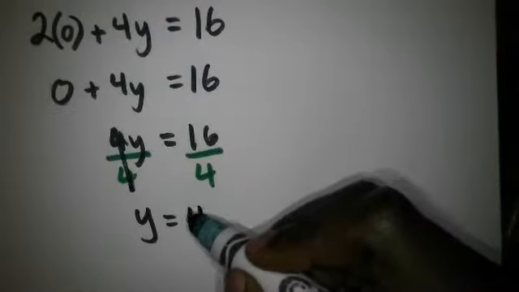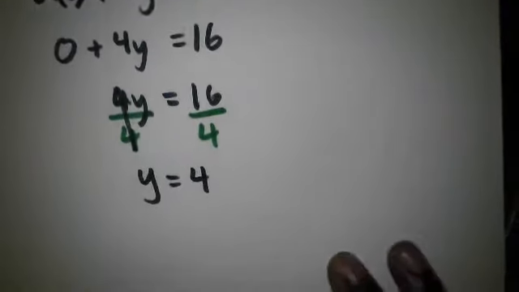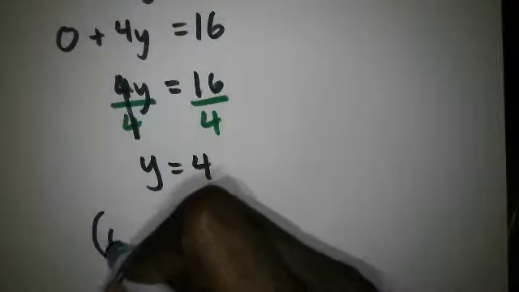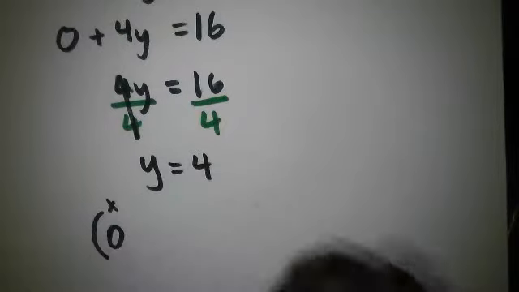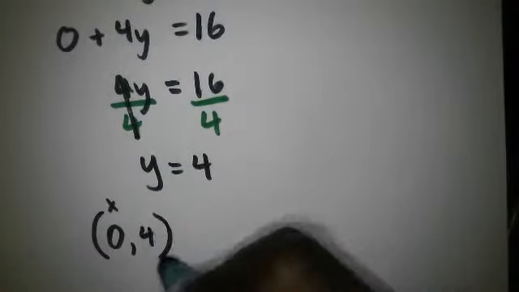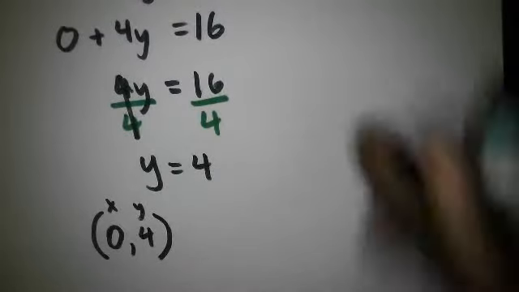So if x is 0 in a coordinate plane, y is 4. Here are the coordinates for this one, x and y.